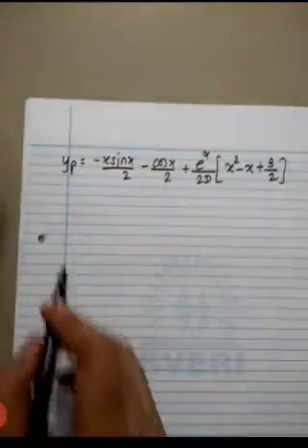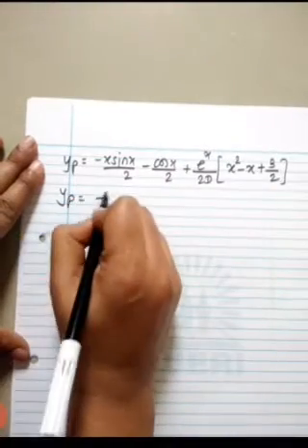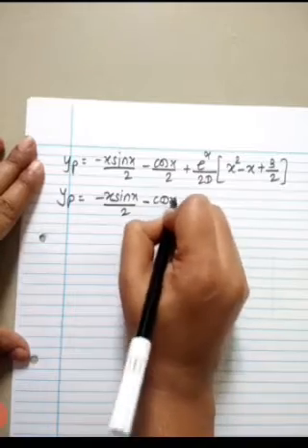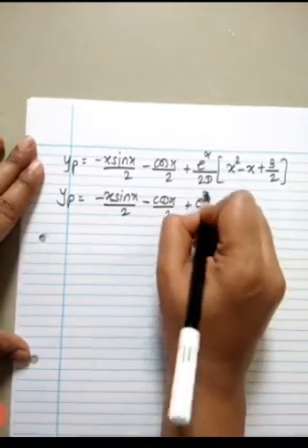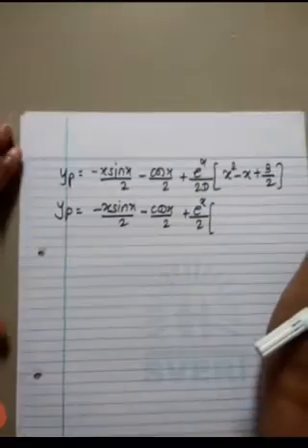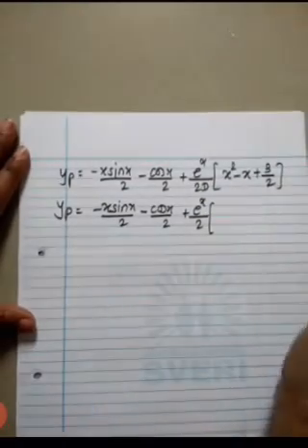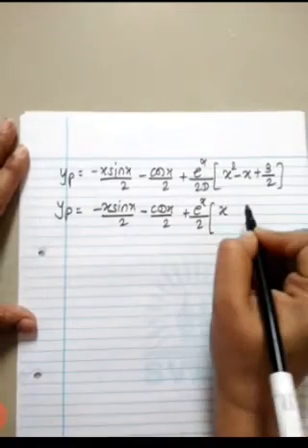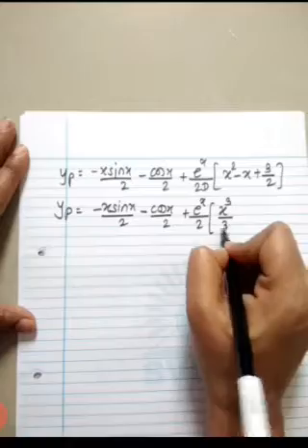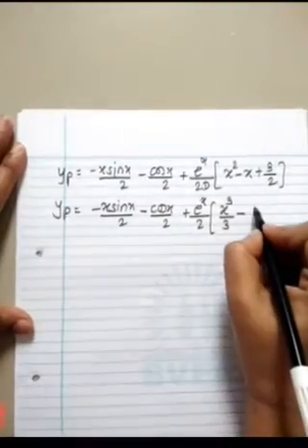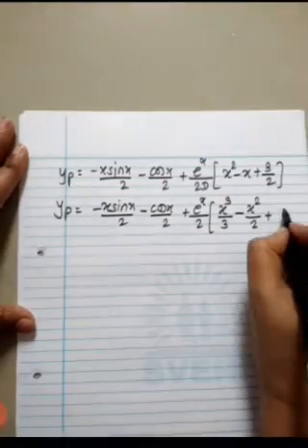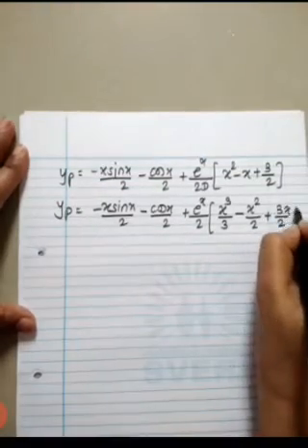So that is equal to plus e raised to x by 2, and 1 upon d is the integration of this term: x cube by 3 minus x square by 2 plus 3x by 2.